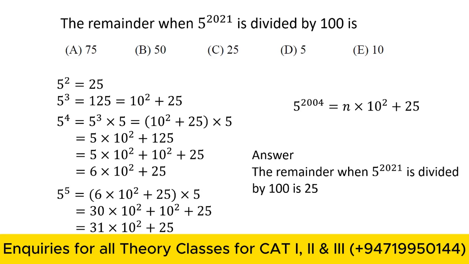So we can take the answer like this: the remainder when 5 to the power of 2021 is divided by 100 is 25, because for 5 to the power of any such number divided by 100, the remainder is 25.